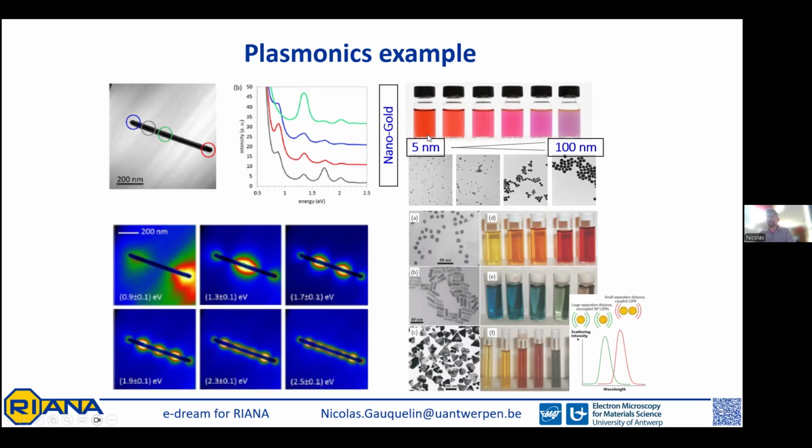This has been used a lot for nanoparticles, where, when the particle size changes between 5 nanometers and 100 nanometers, you change the wavelength of the plasmonic excitation a lot, and that can be measured and investigated in EELS.